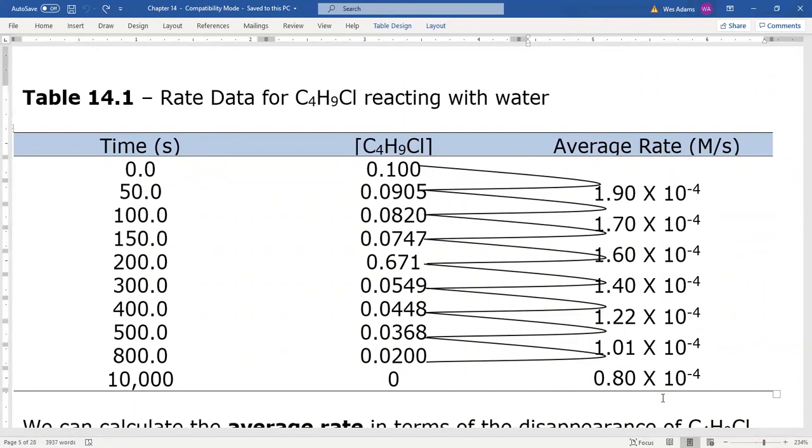But you can see as the concentration diminishes, the rate also diminishes if you look at that last column, proving our point that as the reactant is consumed, at lower and lower concentrations, it's less likely to get together with what it needs, so the reaction rate is going to proportionately slow. After some long amount of time, we'd say the reaction is gone, at which point the reaction would stop.